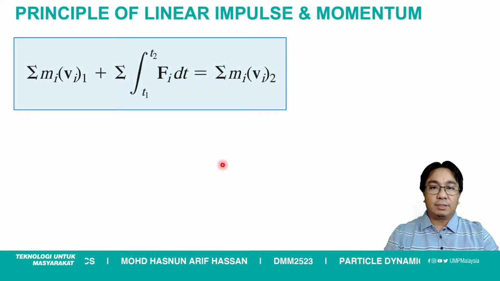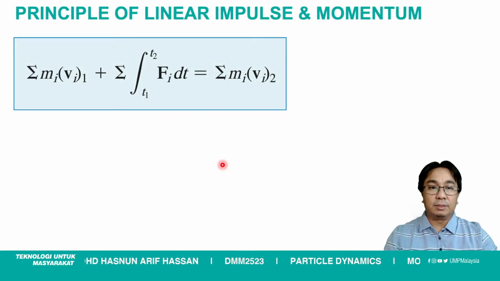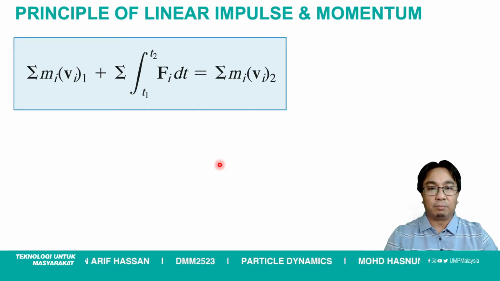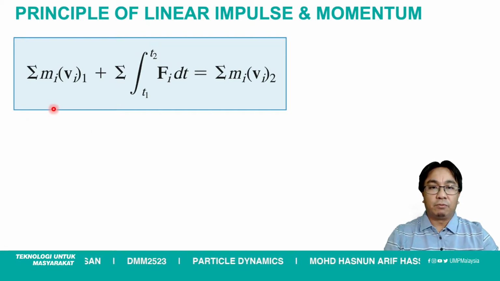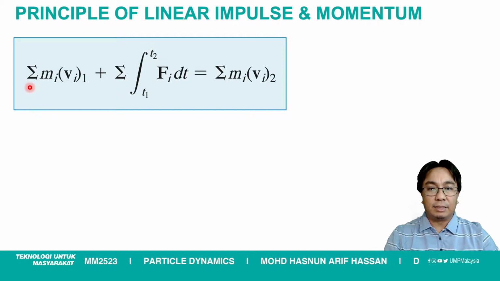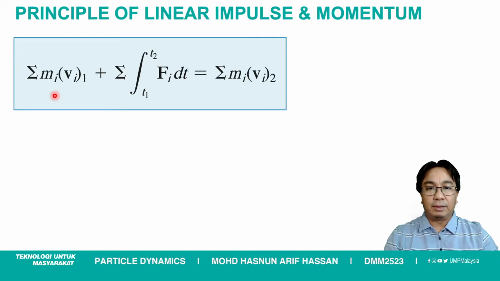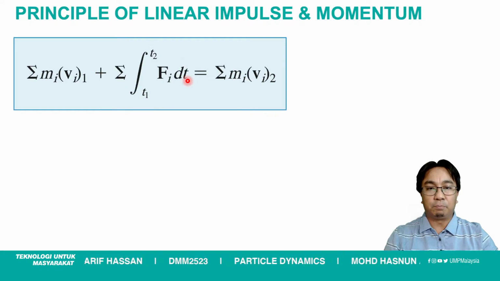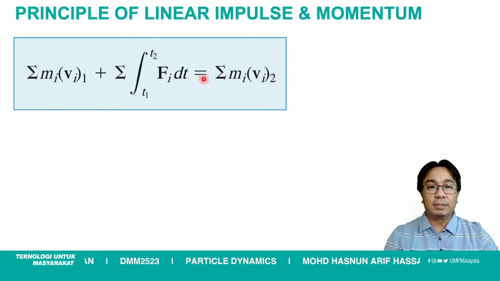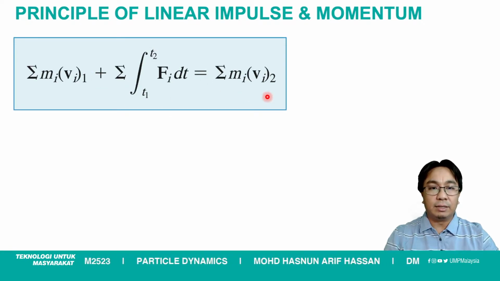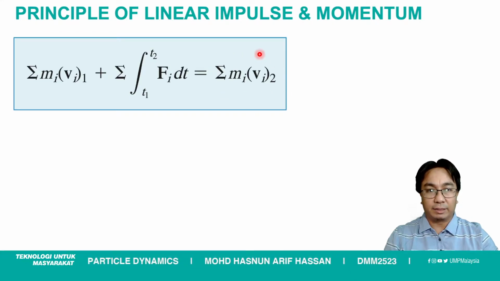So in the previous lesson, we have learned about the principle of linear impulse and momentum. The principle of linear impulse and momentum states that the initial momentum plus the total impulse to move from time 1 to time 2, which is the whole process of the motion, is equal to the final momentum of the object.